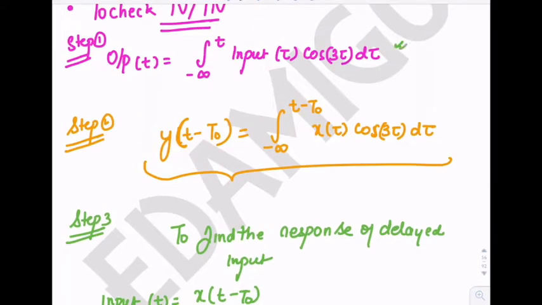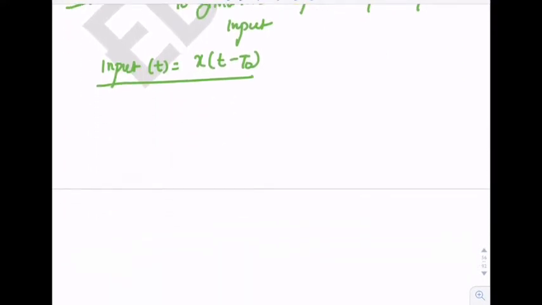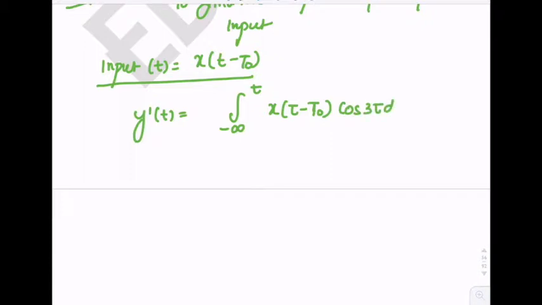Now using this relationship, that output is equal to the integral from minus infinity to t of input(tau) cos 3 tau d tau, we will replace t by tau and we will get that y dash(t), that is the response, is equal to the integral from minus infinity to t of x(tau minus t naught) cos 3 tau d tau. Okay.